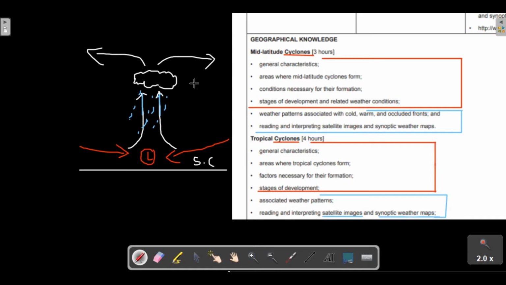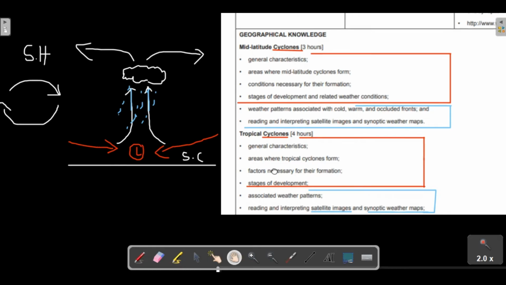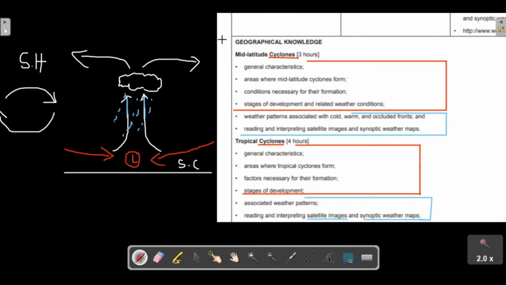This type of circulation is what we see in both cyclones, and we also said that cyclones rotate clockwise in the southern hemisphere, both of them. For the mid-latitude cyclone, the term refers to the area in which they develop, which is the mid-latitudes, between 40 and 60 degrees north or south of the equator.